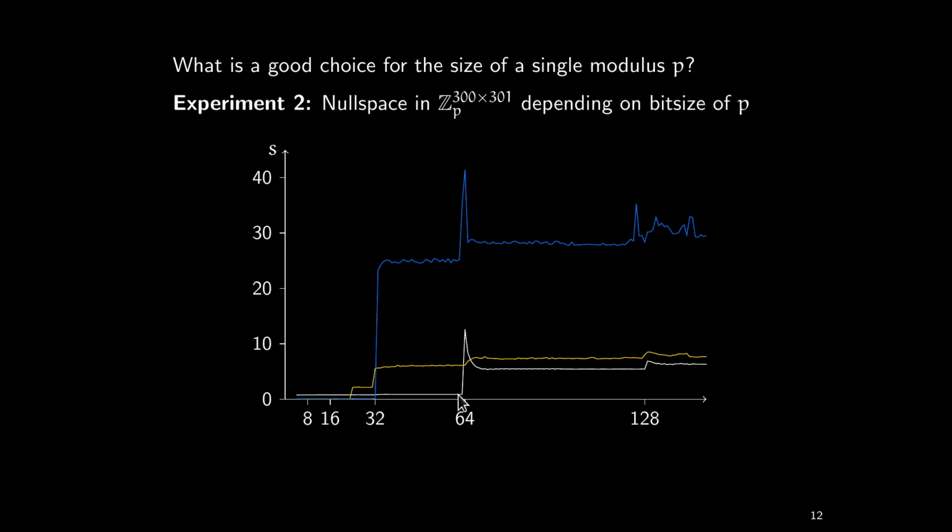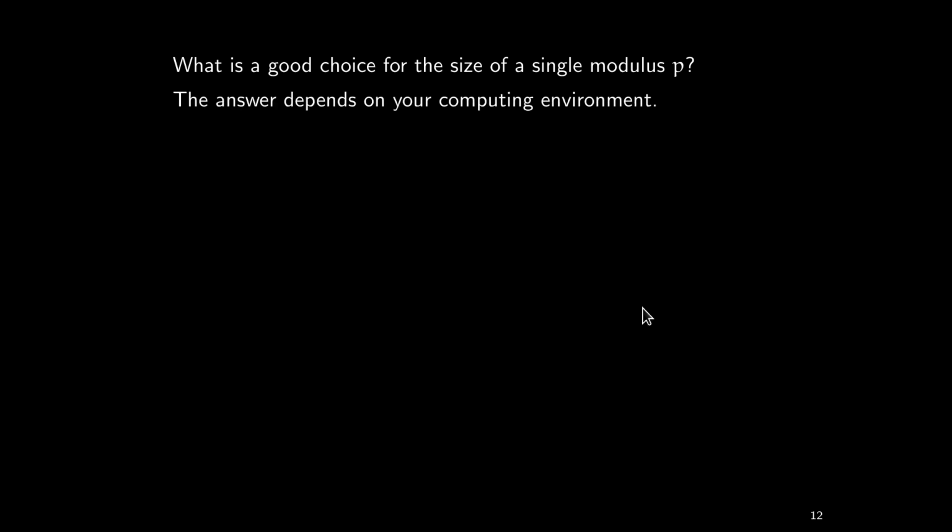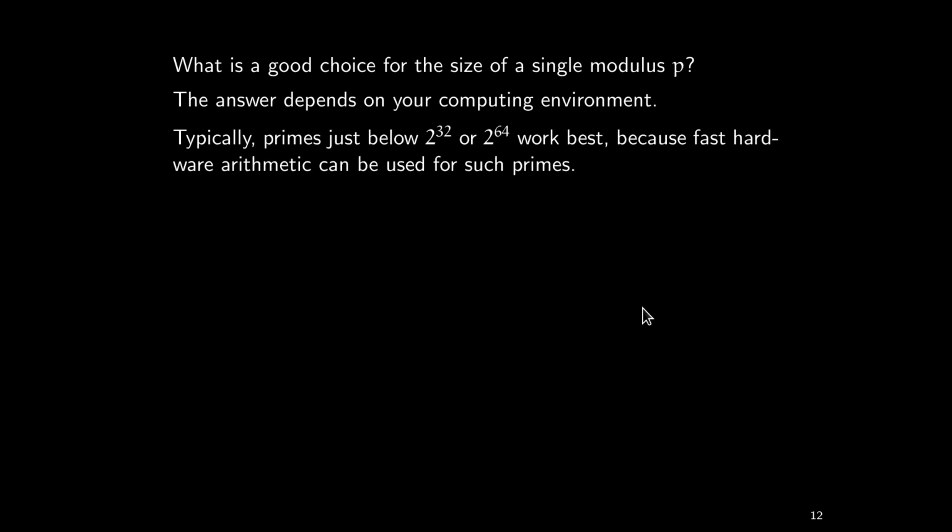So this is why you choose primes that are just below whatever your software tells you the jump is. Typically it's 32 or 64 bits, primes that work just below, because this is how our computers are built. It has no mathematical reason, it really just has a technical reason.